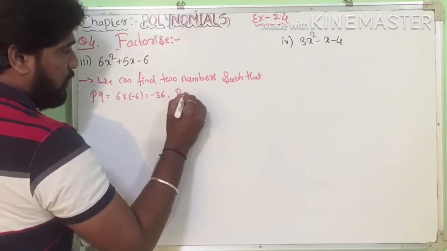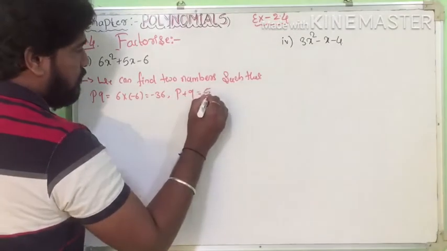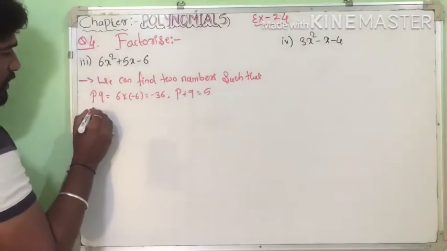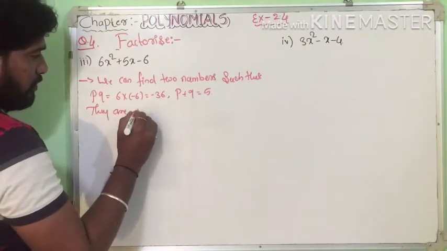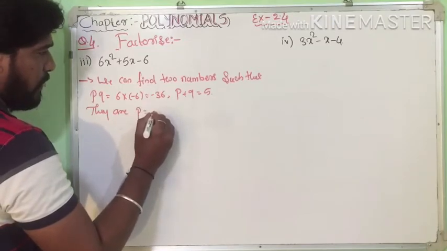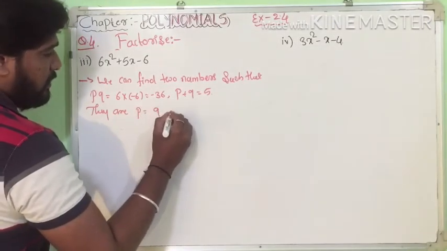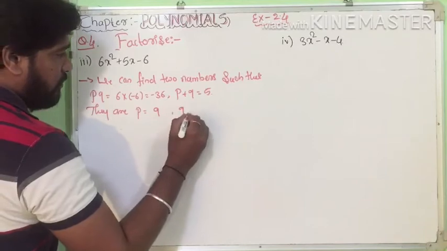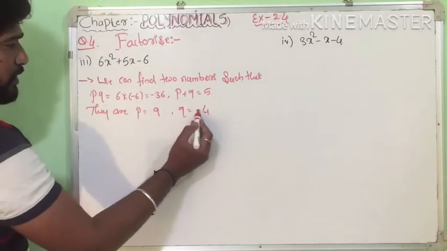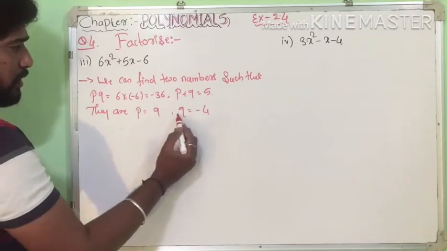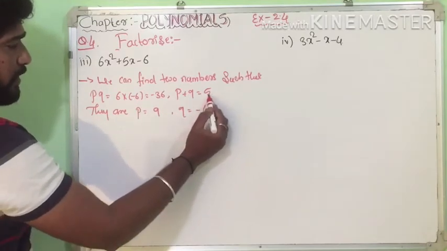And p plus q is equal to 5. So p is equal to 9 and q is equal to minus 4. Here 9 into minus 4 is minus 36, and 9 minus 4 is 5.